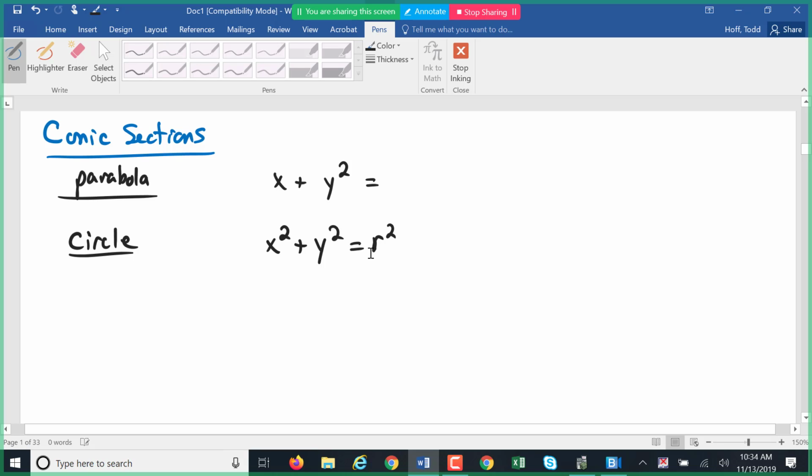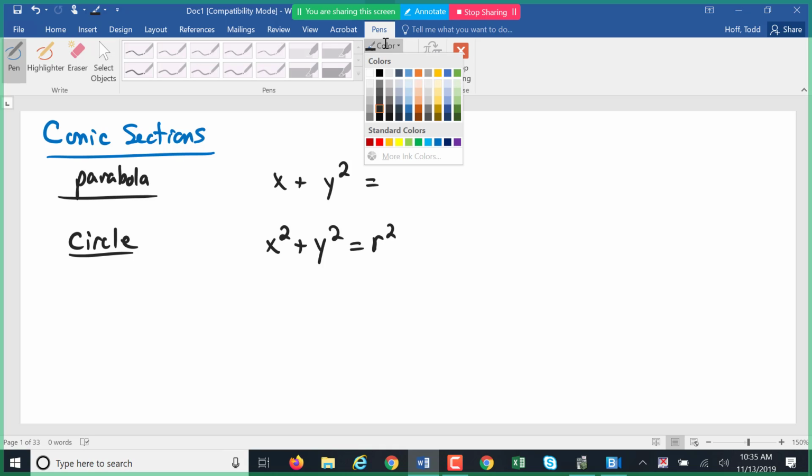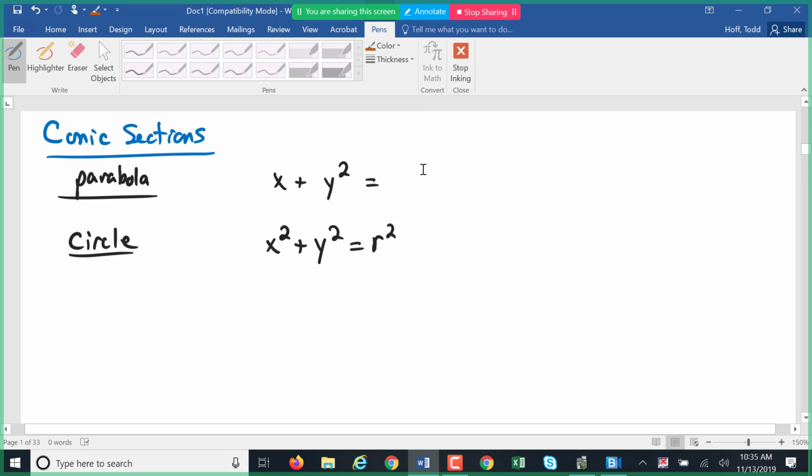Usually we use r squared because that value is the square of the radius of that circle. And we'll still look at each of those a little bit more yet. But we had the adjusted form for the parabola. We could have the x plus y squared, or we could have x squared plus y equals a constant.